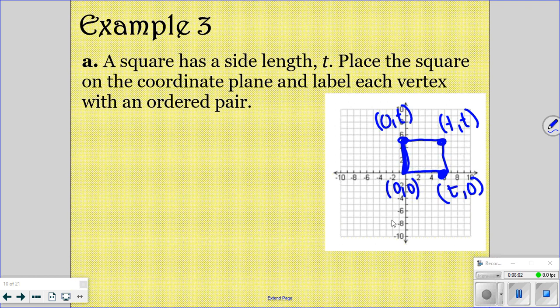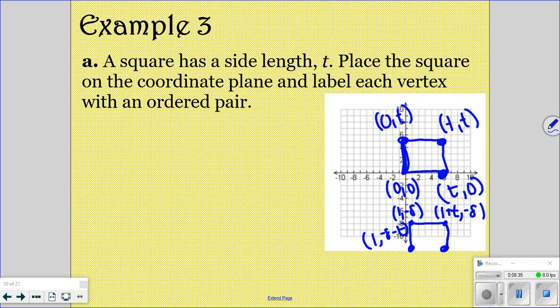If you didn't put it at the origin, like if I put it over here for one vertex and that one for another one, you would have to do 1, -8. And then I went over 1 plus t, and then down -8. And then for this point down here, it would be 1 and then -8 minus t, because we went down another t.